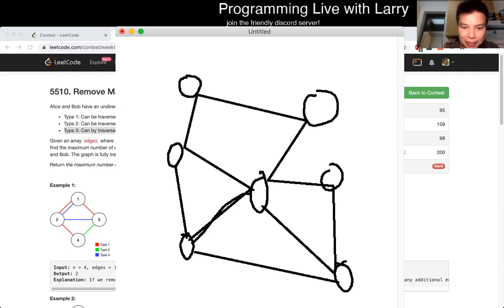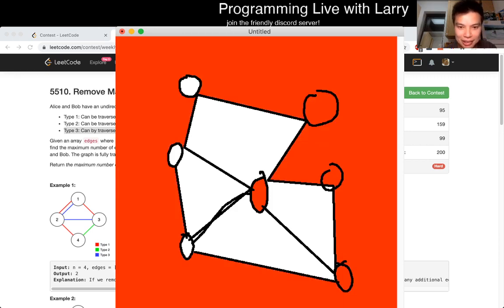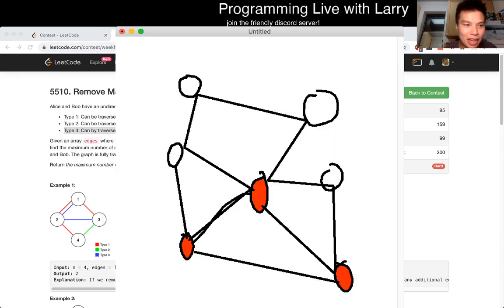For the sake of fun, let's say all the blues are connected and all the reds are connected, from using all the edges of type 3.